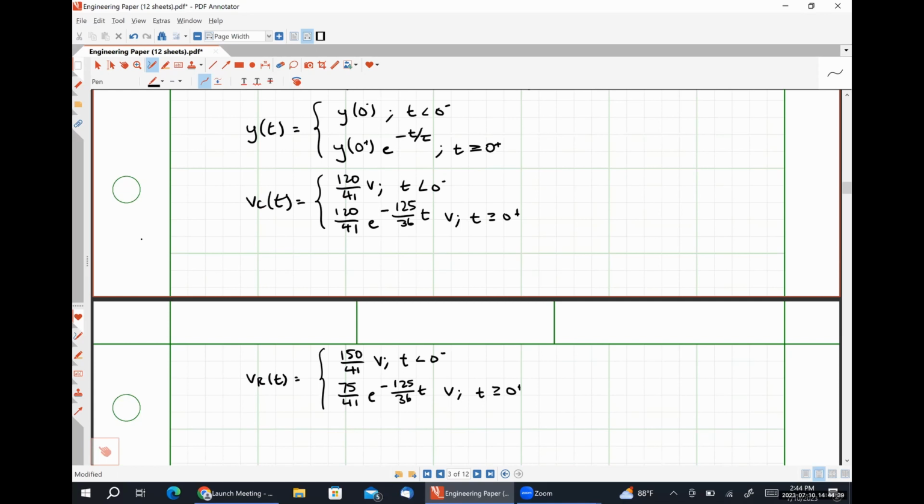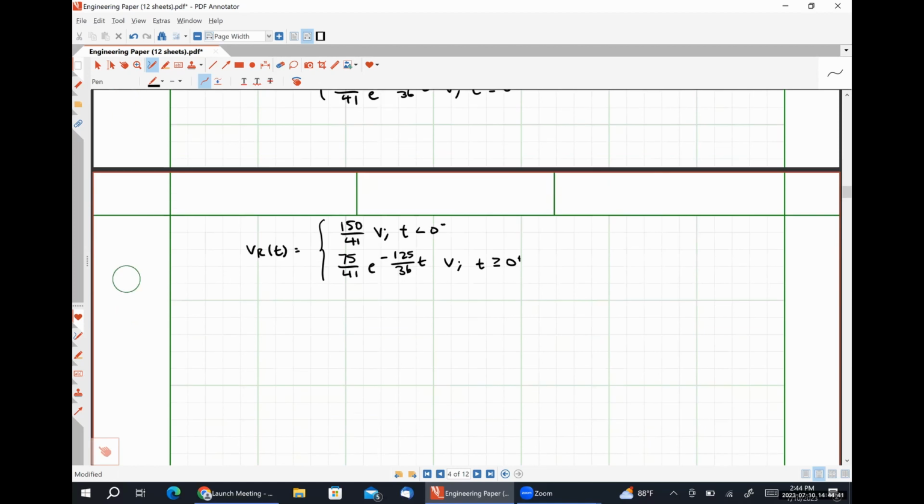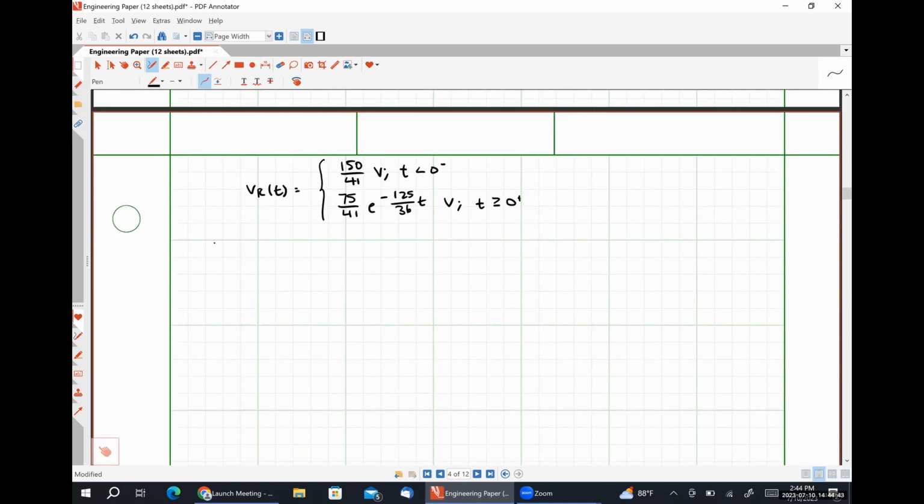Okay, so what we're going to talk about now is the total response of first order circuits. Everything that we've looked at up to this point is what's commonly called the natural response of the circuit.